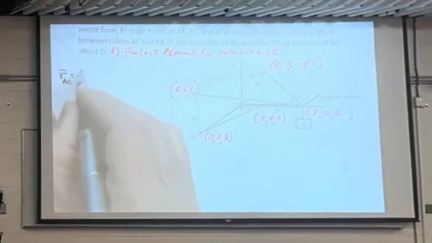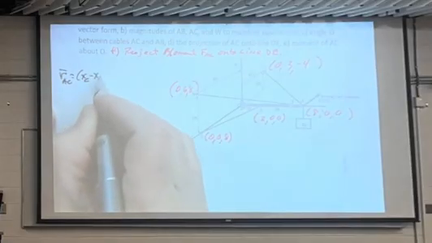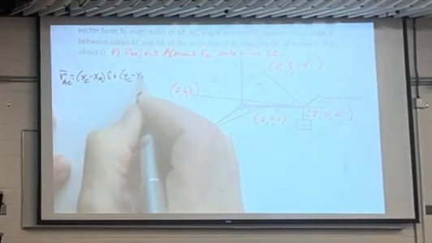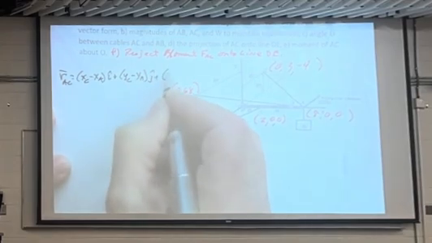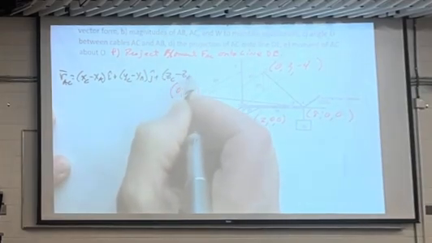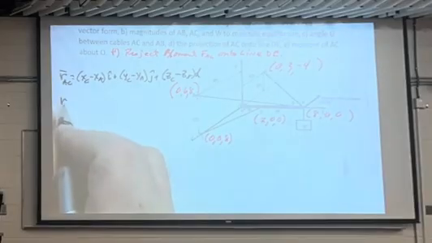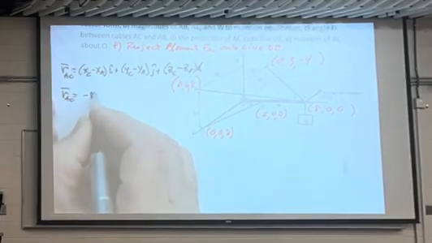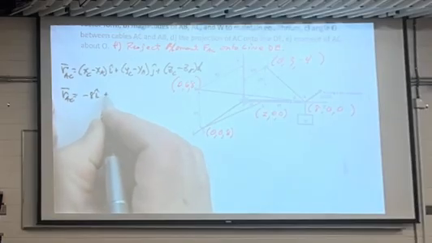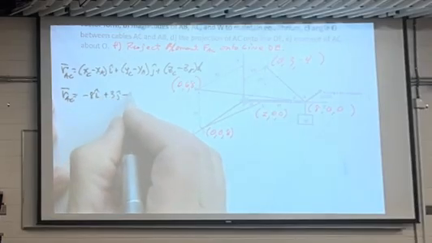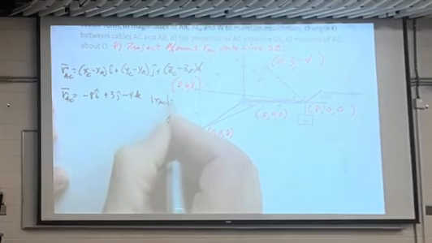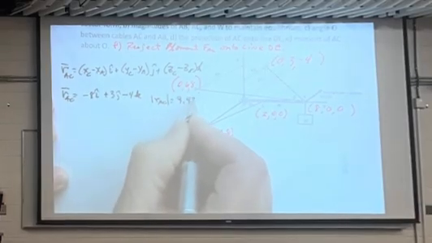Now I'm going to say RAC is equal to (XC minus XA) i plus (YC minus YA) j plus (ZC minus ZA) k. RAC vector is minus 8i plus 3j minus 4k. Magnitude of this is 9.434.